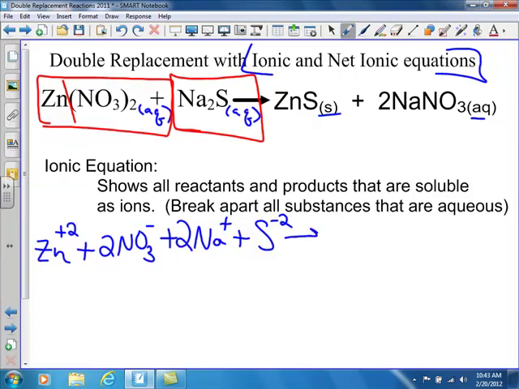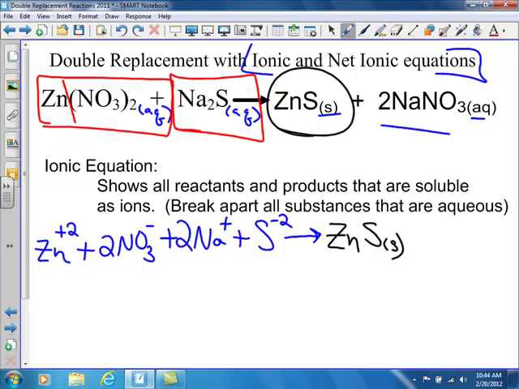And then that's going to yield ZnS, which is a solid, and because that's a solid, we do not break that apart. It's not aqueous.